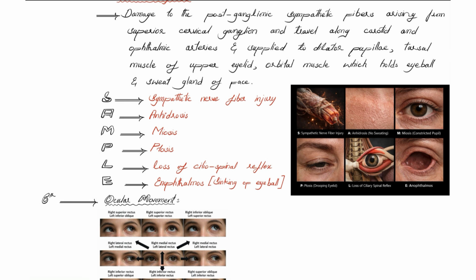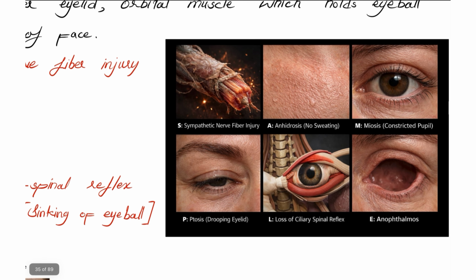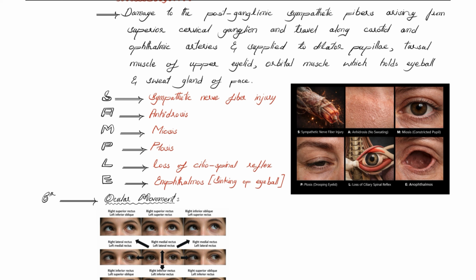There will be miosis, meaning constriction of the pupil, and there is ptosis, meaning drooping of the upper eyelid, as well as loss of the ciliospinal reflex, meaning when the neck or upper chest is pinched, normally there is ipsilateral dilation of the pupil, but this reflex is lost in Horner syndrome. And then there is enophthalmos, meaning sinking of the eyeball, because there is weakness of the extraocular muscles.